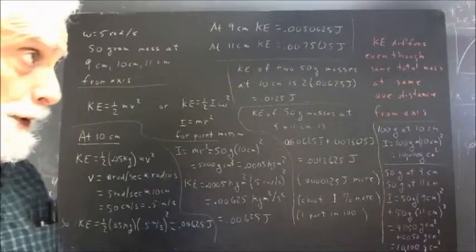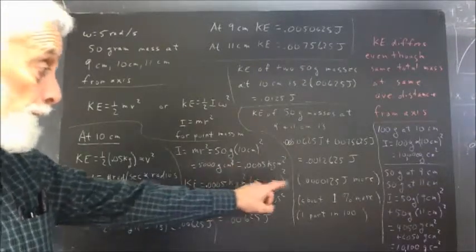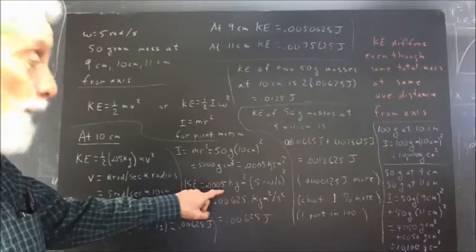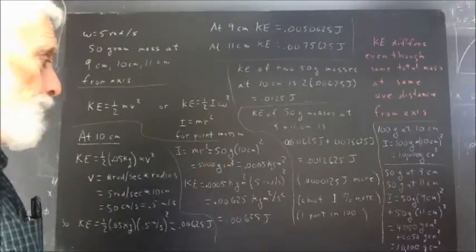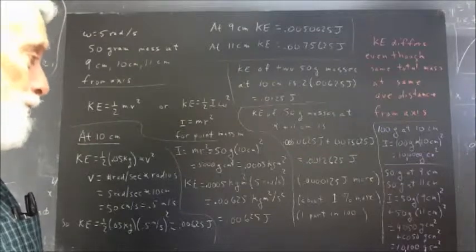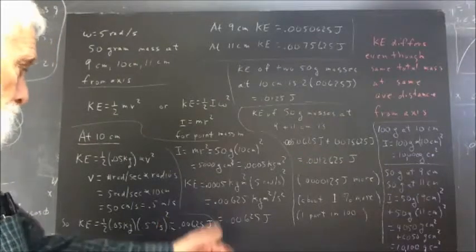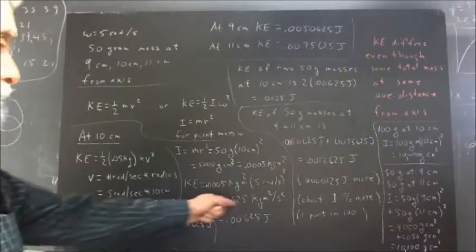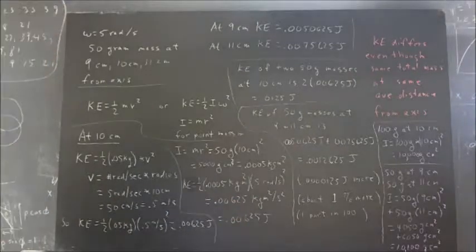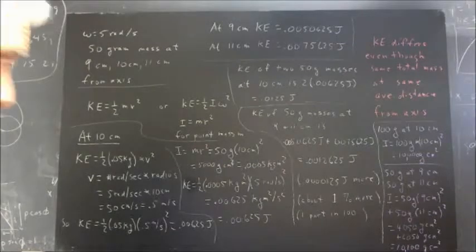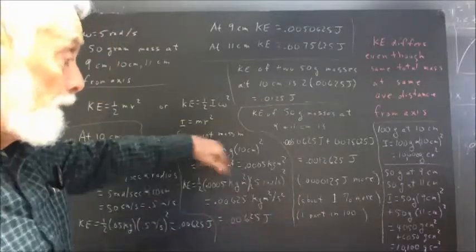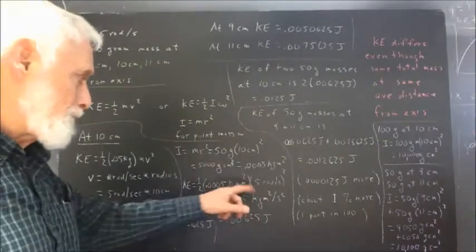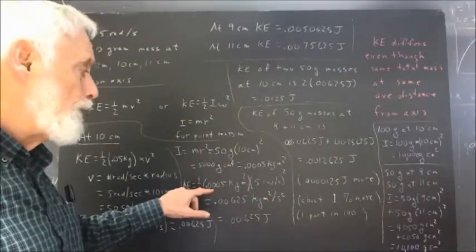And when you get done multiplying that out, that's 25 radians squared per second squared, and times 5 10,000ths, okay, which gives you 125 10,000ths of a kilogram meter squared per second squared. And that's 0.00625 joules.